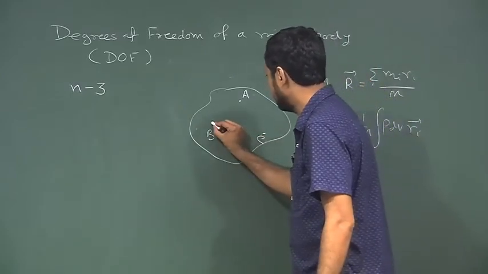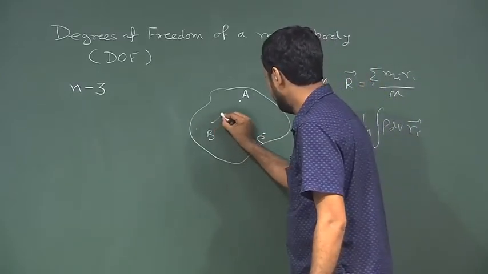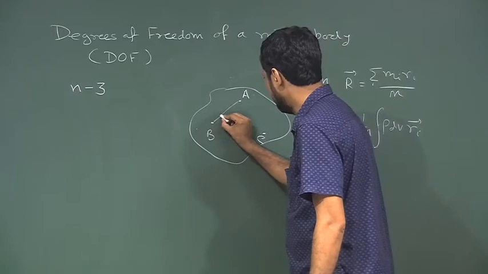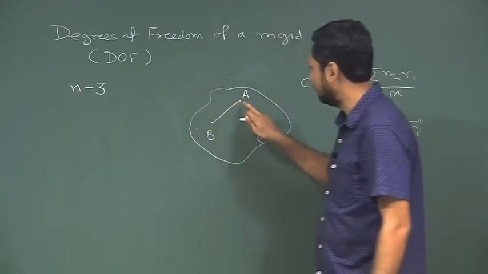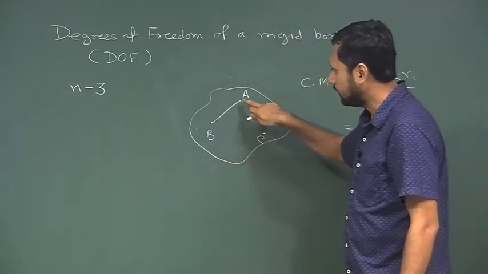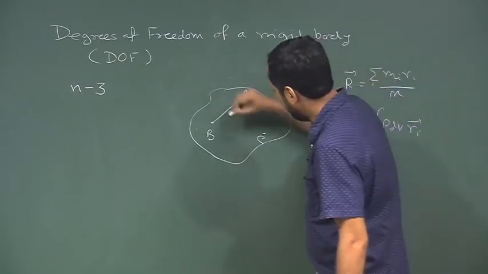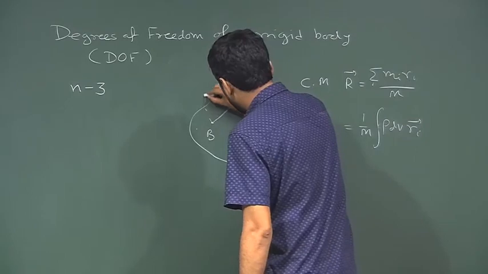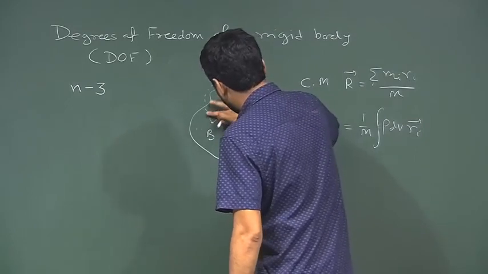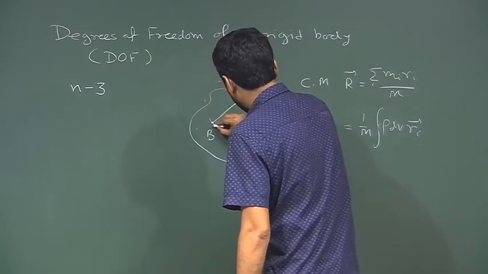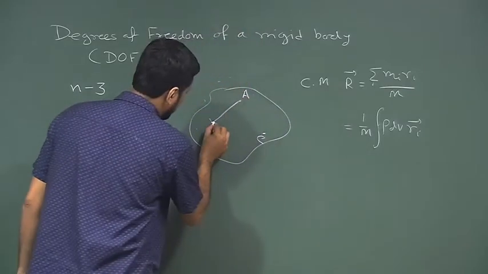Now, let us consider the motion of B. Initially, it was free to move anywhere before we pivoted A, but right now, after we fixed point A, it can move anywhere on a sphere of radius AB.